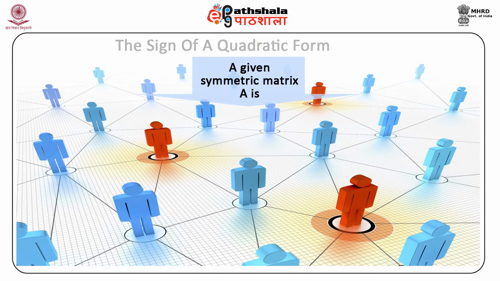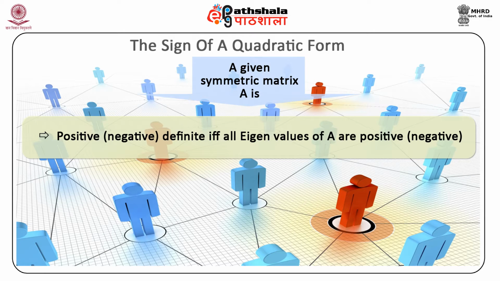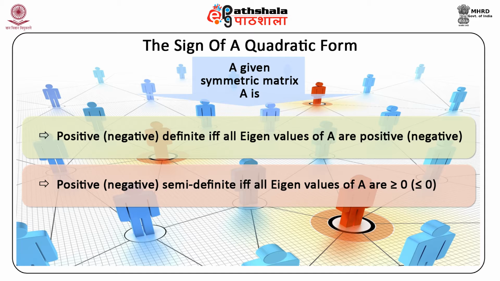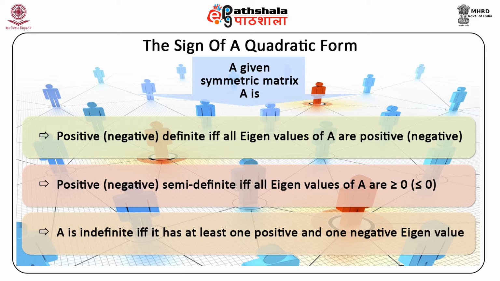A given symmetric matrix A is positive or negative definite if and only if all eigenvalues of A are positive or negative, semi-definite if and only if all eigenvalues of A are greater than or equal to 0 or less than or equal to 0. A is indefinite if and only if it has at least one positive and one negative eigenvalue.